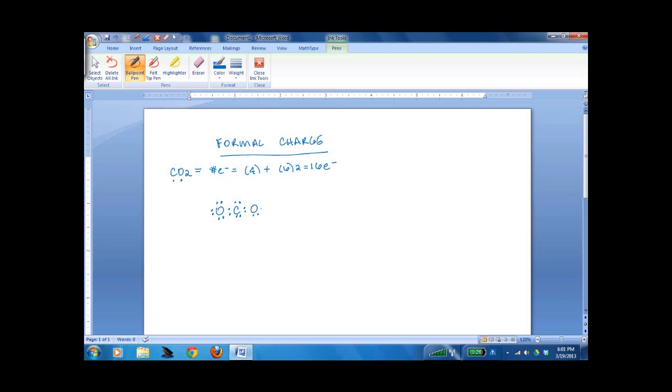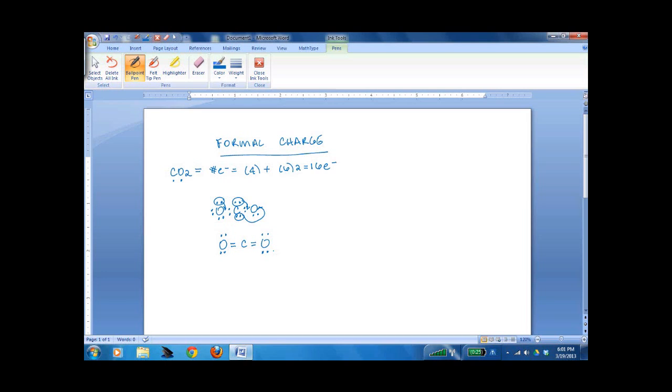We don't have enough electrons to create stable octets for all of the atoms, and so we can start moving around some of the electrons. Let's move these here. Let's move these here. And so we end up with the structure for carbon dioxide, which we have been using most commonly in class, and that is the double bond.